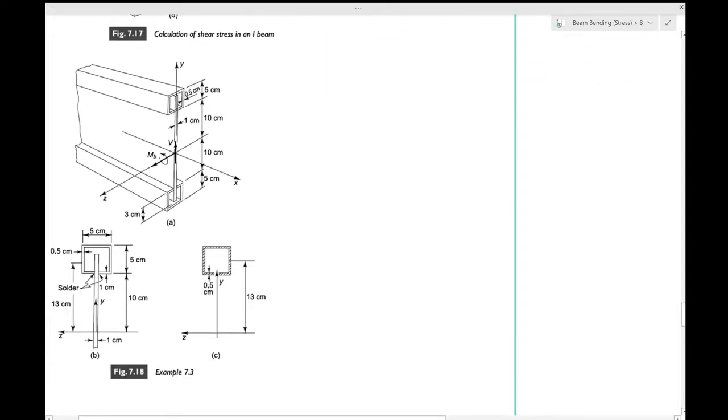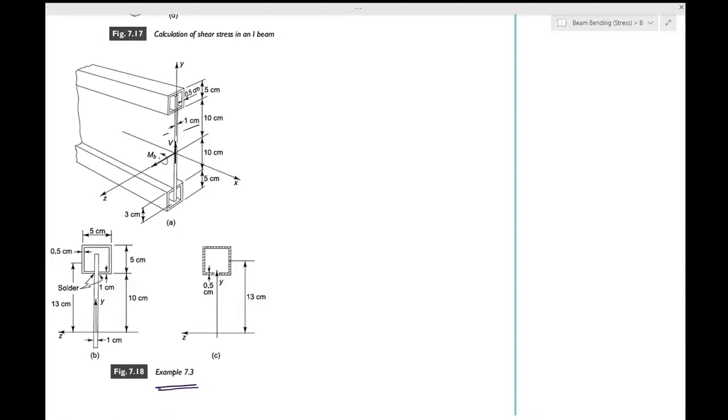Okay, so let's now move to one of the problems, which is 7.3. In making the brass beam of figure 7.18a, the box sections are soldered to the 1 centimeter plate, as indicated in figure 7.18b.